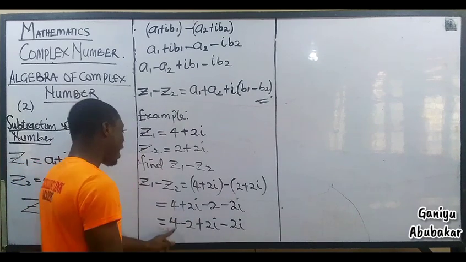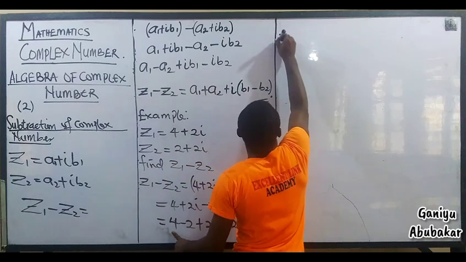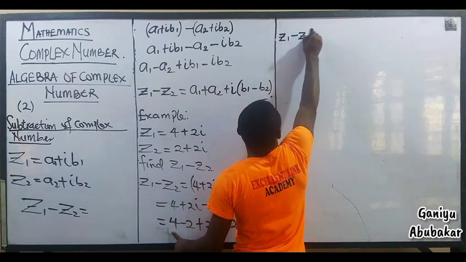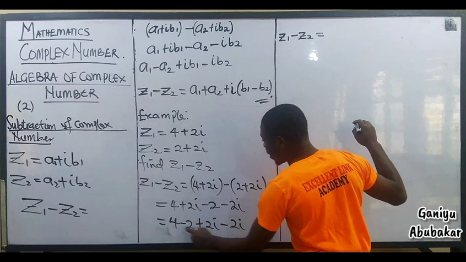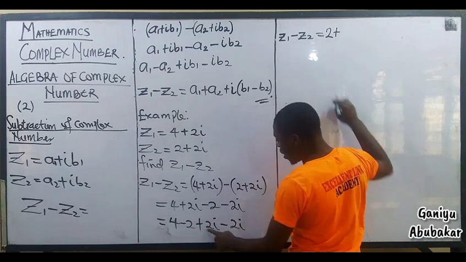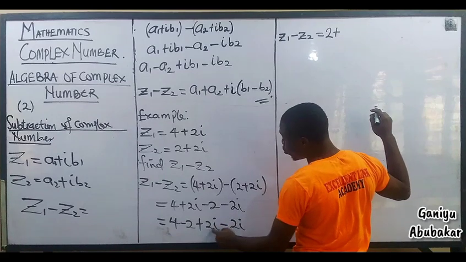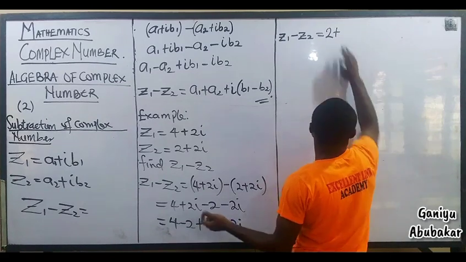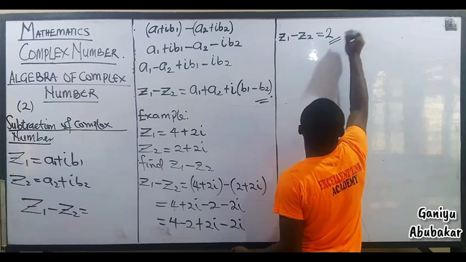At this point, I'll have z1 minus z2 equal to 4 minus 2, which is 2, plus 2i minus 2i, which is 0. So my answer here becomes 2, right?